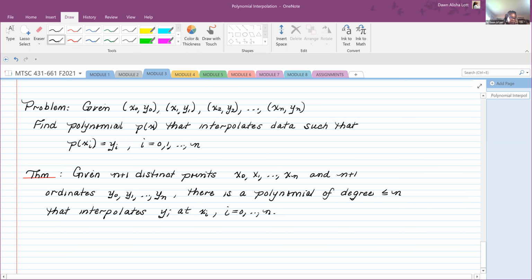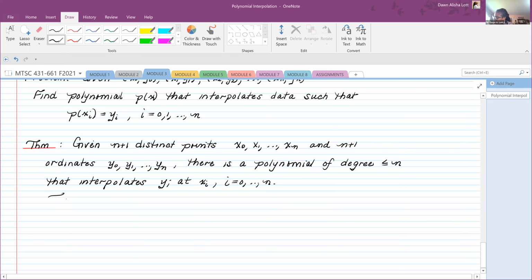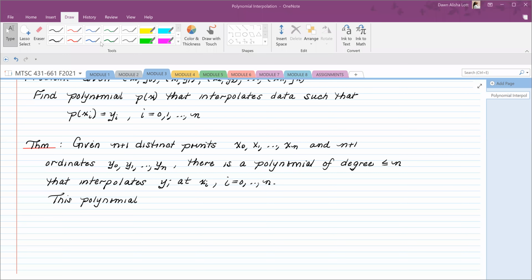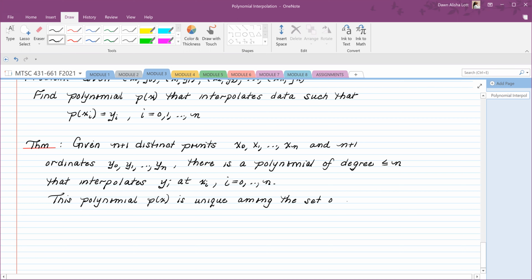And moreover than that, this polynomial p of x is unique among the set of all polynomials of degree less than or equal to n.